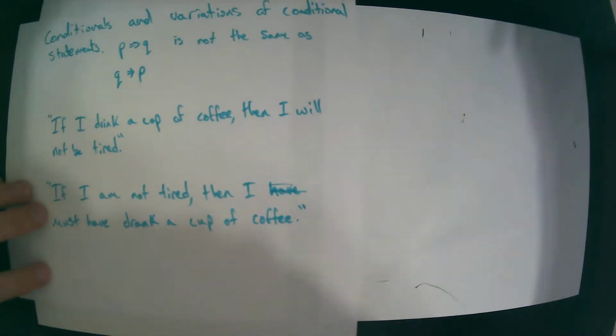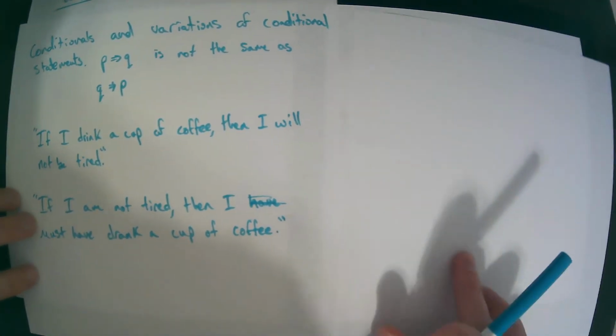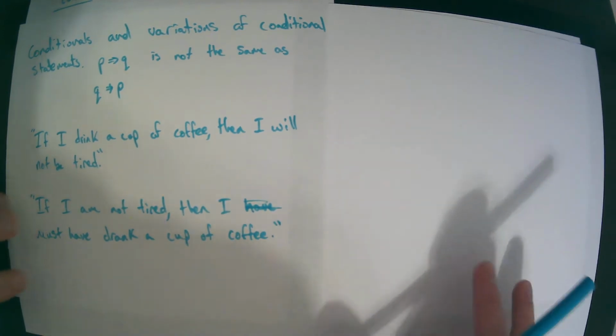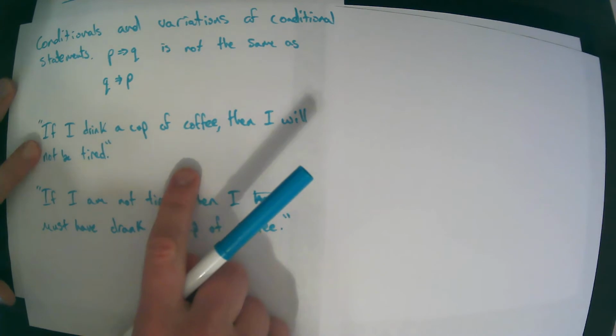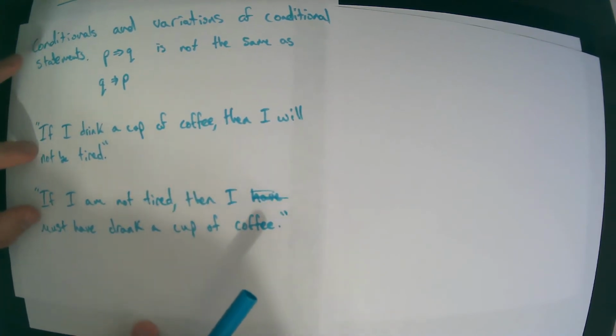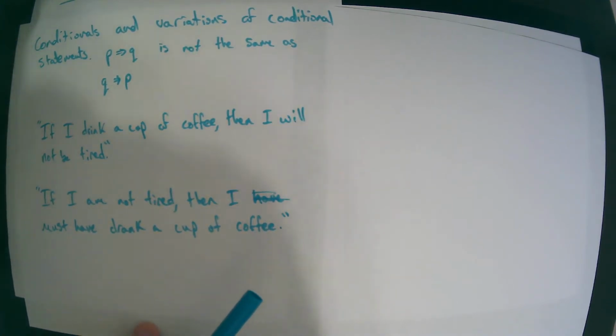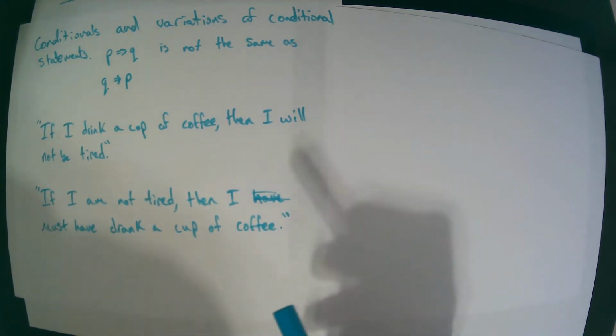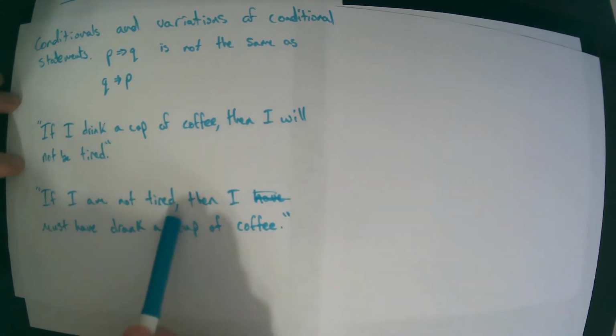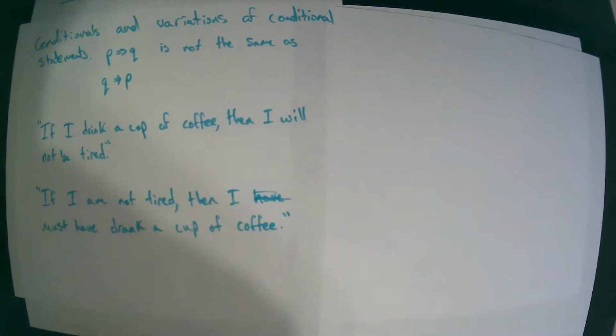Okay, so let's talk about some variations of conditional statements. What if I was trying to combine these statements and say, if I drink a cup of coffee, then I will not be tired, but I'm also trying to get across that if I'm not tired, then I must have drank a cup of coffee that morning.